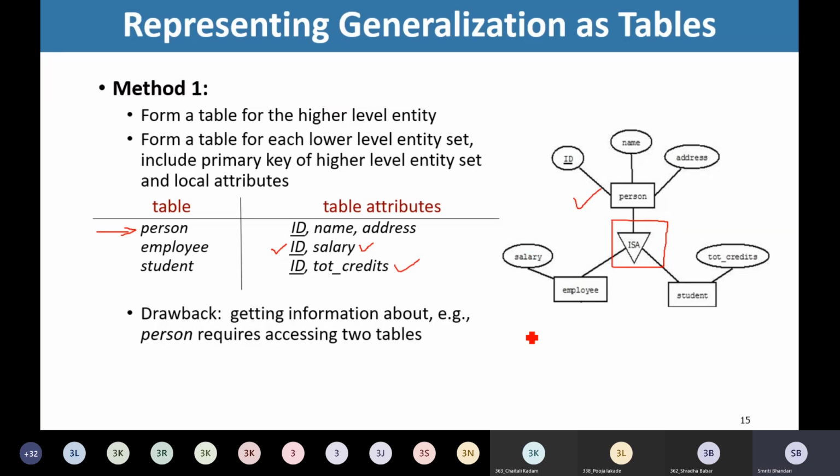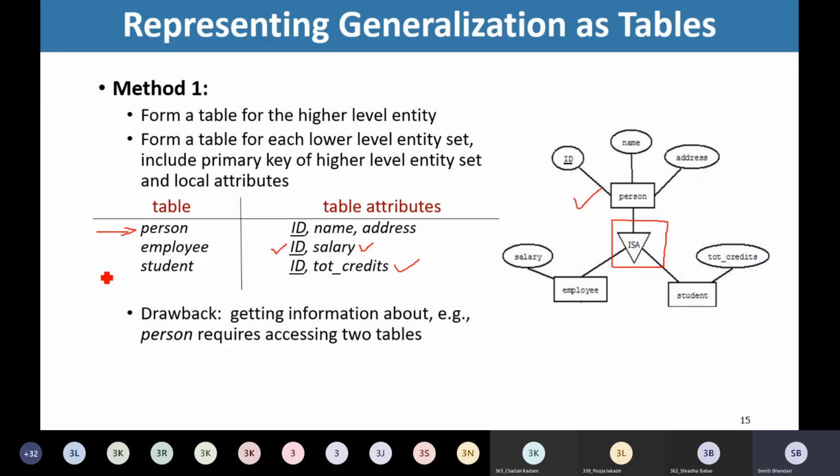We may identify one disadvantage or drawback. See, what is that drawback? If I want to get all the information about the person, then I need to take help from two tables.